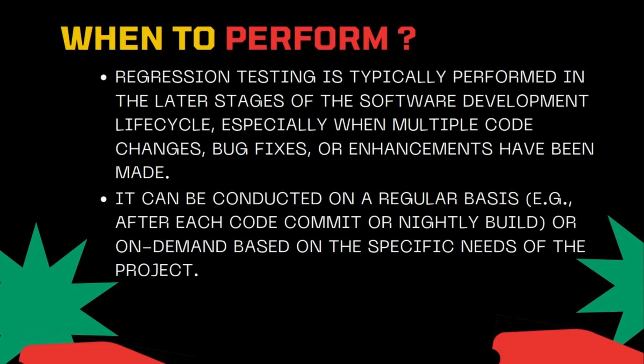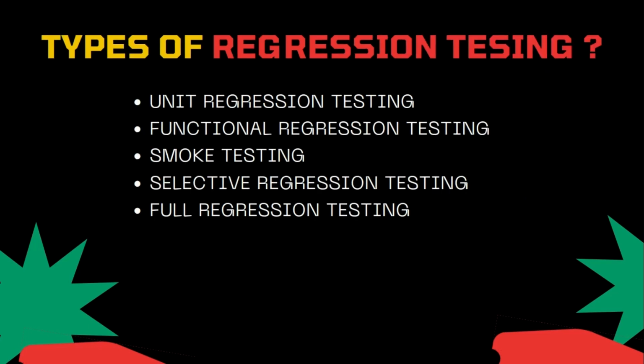Now let's see the types of regression testing. First you can see unit regression testing, functional regression testing, and smoke testing, which is quite popular. Then selective regression testing for a particular feature, and full regression testing. Unit regression testing focuses on an individual unit or module of the code.